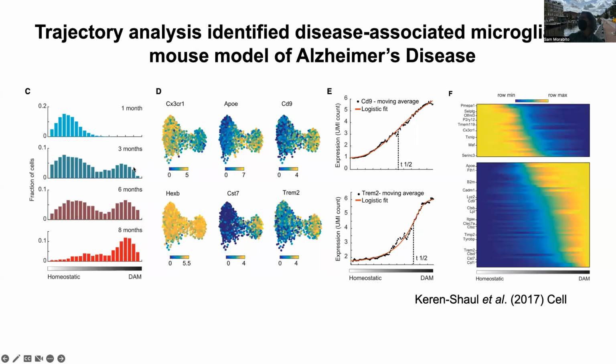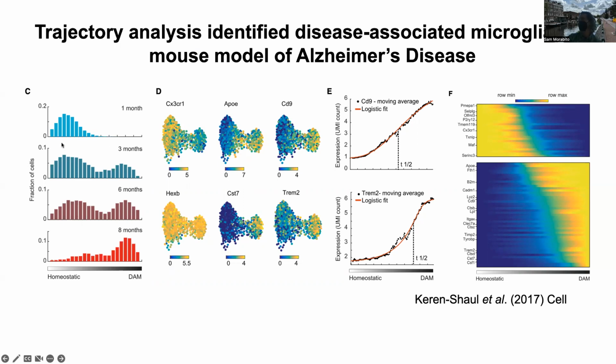So this is one of their main figures, where this is their microglia population, and it kind of looks like there are two groups here. The middle plots are expression of different genes. Then they applied a pseudotime that goes from left to right.